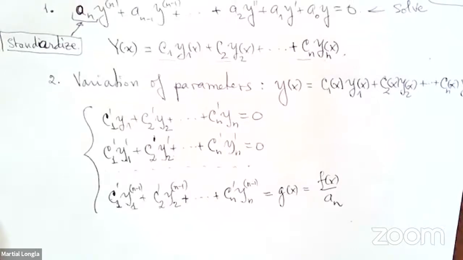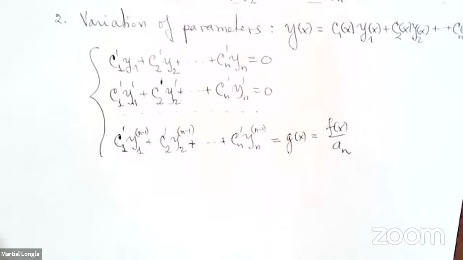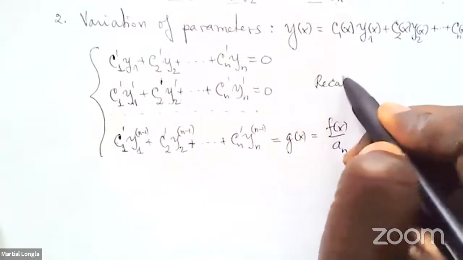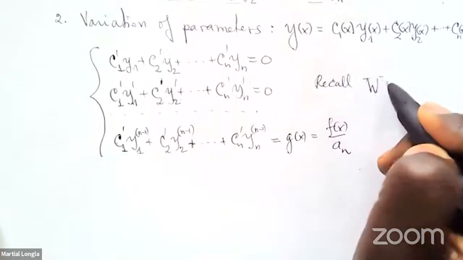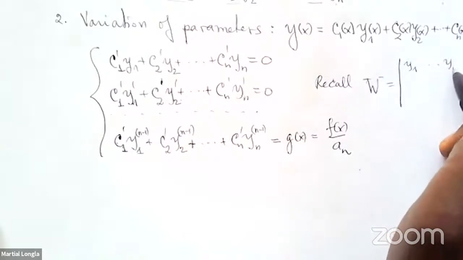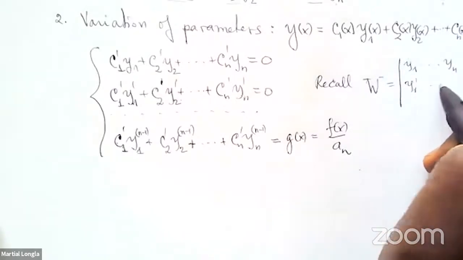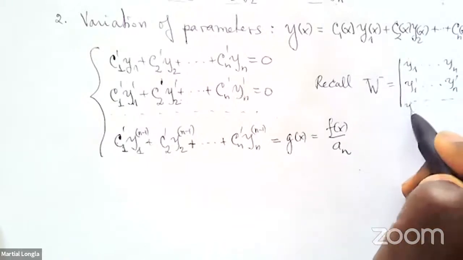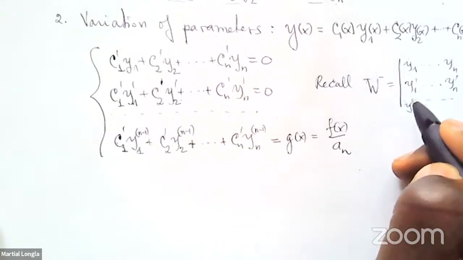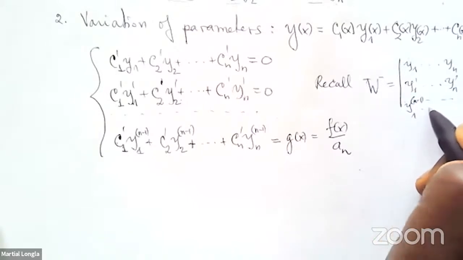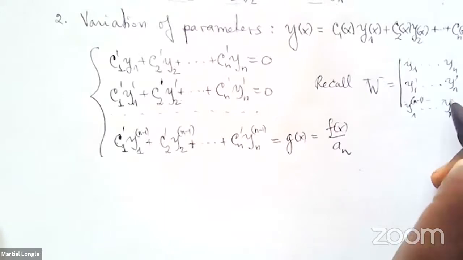Now, if you remember what we call the Wronskian, we had W was y1, yn, y1 prime, yn prime, y n minus first derivative, yn n minus first derivative.